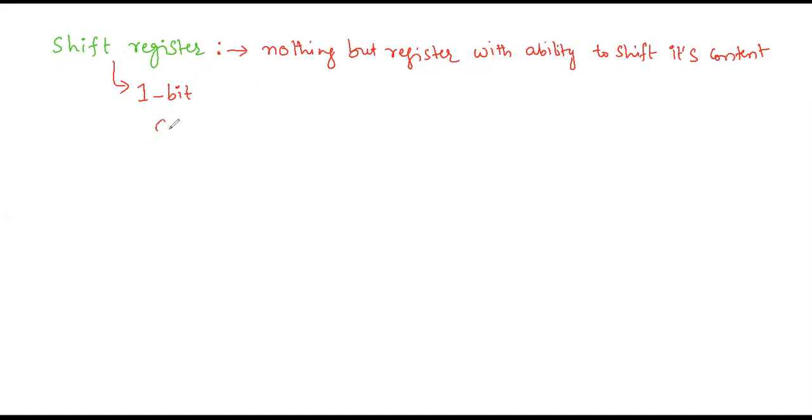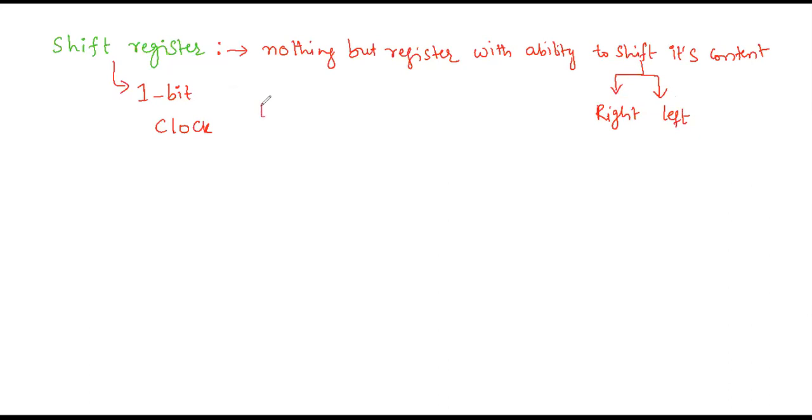For every clock pulse, the shift register will shift 1 bit either left or right. It can shift the contents to the right side. Similarly, it can shift the contents to the left side.